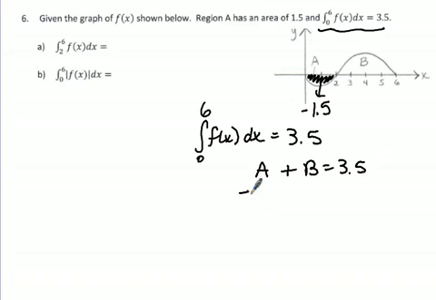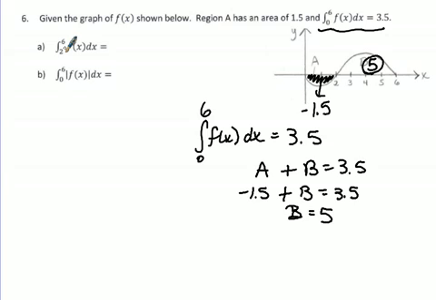The area of A, we know, is 1.5. And so we can solve that equation for B, and we see that B is 5 if I add 1.5 to the other side. So this area has to be 5. And so that, in fact, is the answer to our first integral.